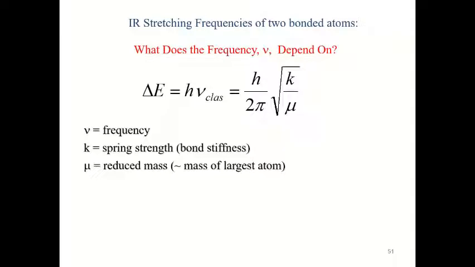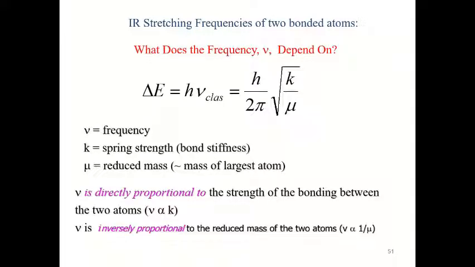So from here, we can understand that the frequency depends mostly on the reduced mass and the bond stiffness. More specifically, the frequency is going to be directly proportional, as you can understand from the formula, to the strength of the bonding between the two atoms, and is also inversely proportional to the reduced mass of the two atoms.